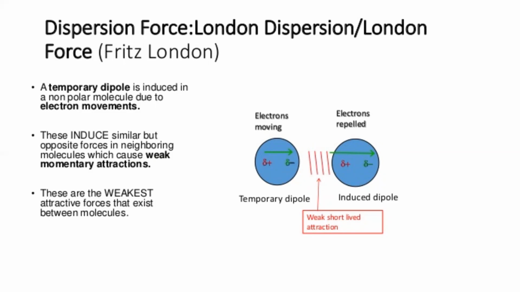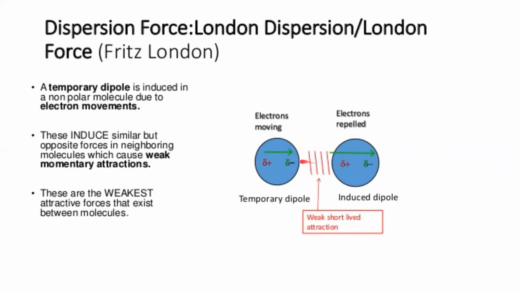And these are the weakest intermolecular forces that we're going to discuss. So think about that one molecule: the electrons all of a sudden become more dense on, say, this side, which induces a temporary dipole in another molecule by repelling those electrons over to here, making this side more dense, more negative.